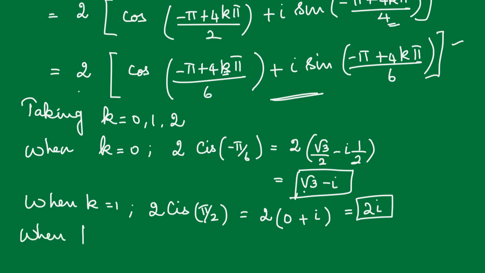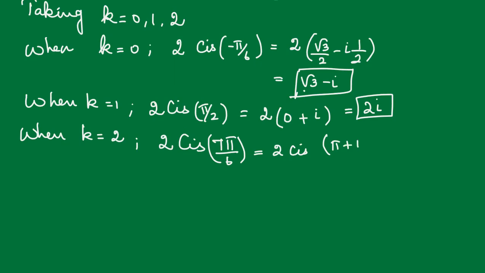Next we take k equal to 2. When k is equal to 2, we get 2 into cis of (8 pi minus pi) by 6. So that is 7 pi by 6. 7 pi by 6 can be split further. It can be written as pi plus pi by 6, so theta lies in the third quadrant. It can be written as 2 into minus cos pi by 6 minus i sin pi by 6. Third quadrant, cos is negative. Sine is also negative.